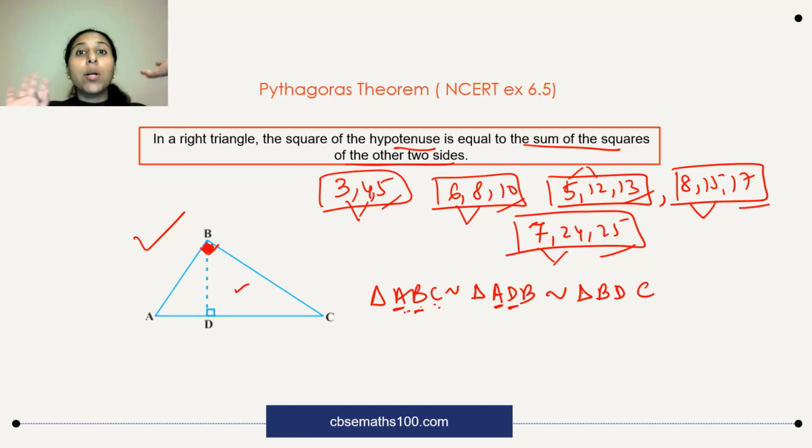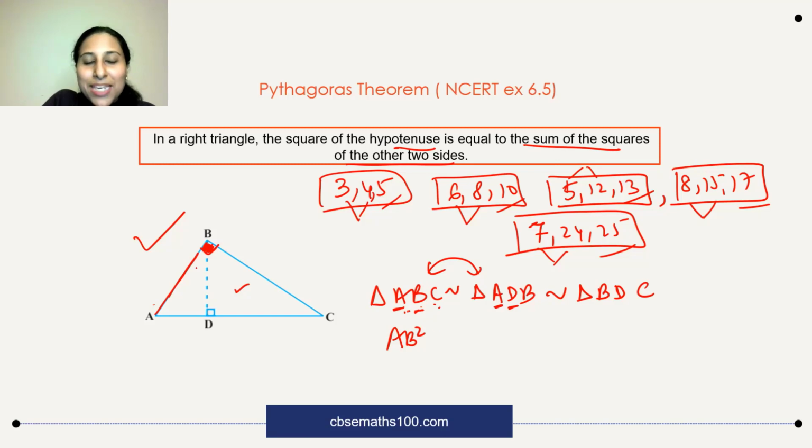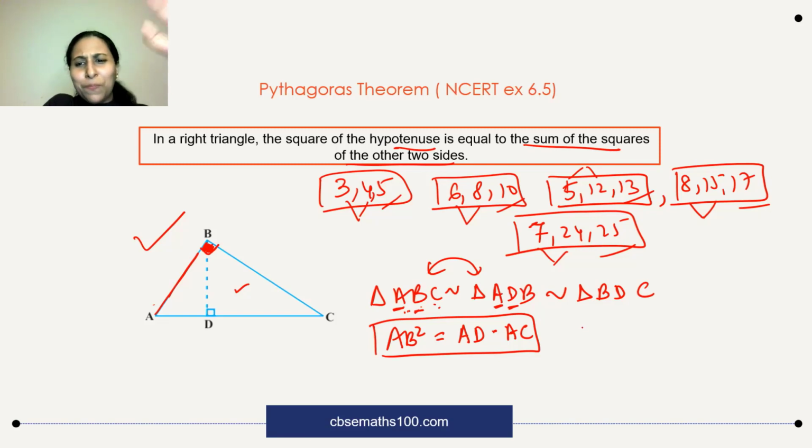But there are a few important results which you're going to get out of this, which will help you a lot in certain questions. One is AB square. When you take these two triangles as similar, you get AB square is equal to AD into AC. Please remember this. Another one, BC square.